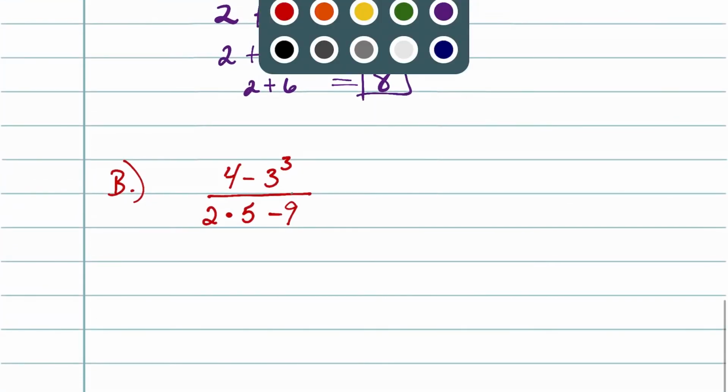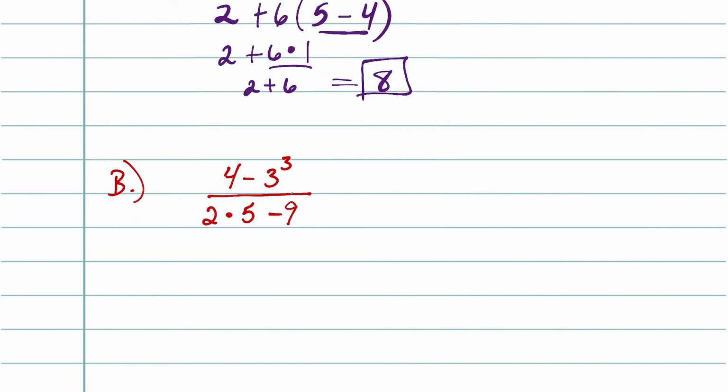Now, some of the most challenging problems that we do with PEMDAS is when I write fractional values like this, or fractional operations. You need to remember that this fraction means division. So really, I could think of this as the top portion, parentheses, 4 minus 3 to the third, divided by the bottom portion, 2 times 5 minus 9.